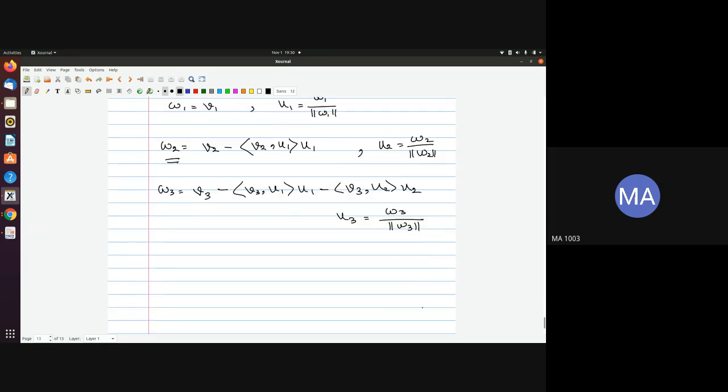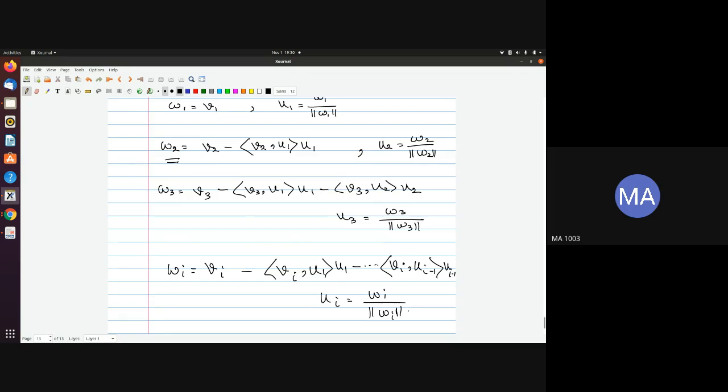So if I write it algorithmically, what is Wi? Wi is Vi minus <Vi, U1> U1, and so on until <Vi, U(i-1)> U(i-1). This is my Wi. And what is my Ui? Ui is Wi by norm of Wi.